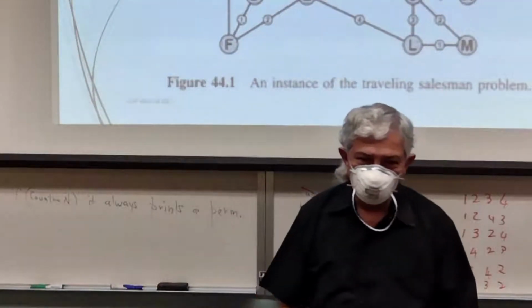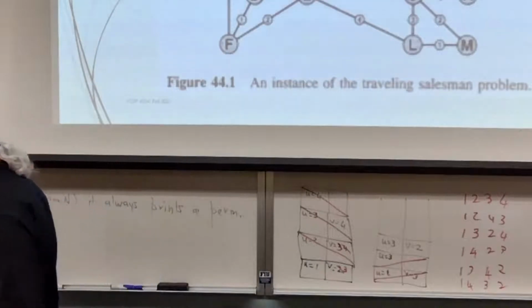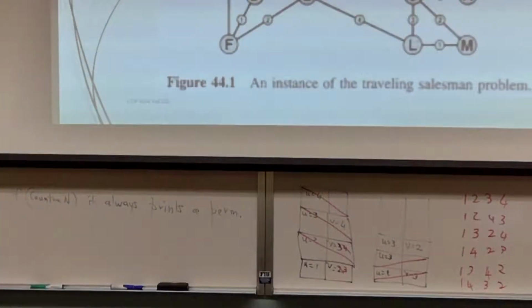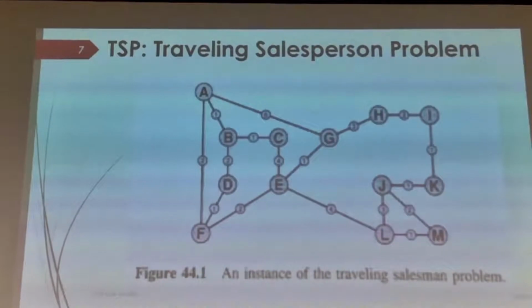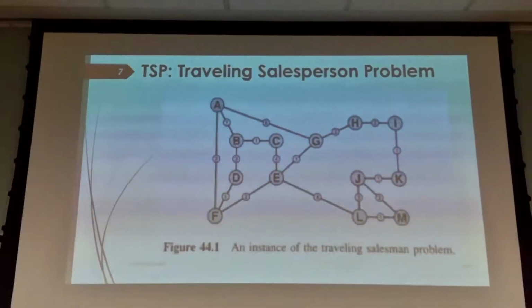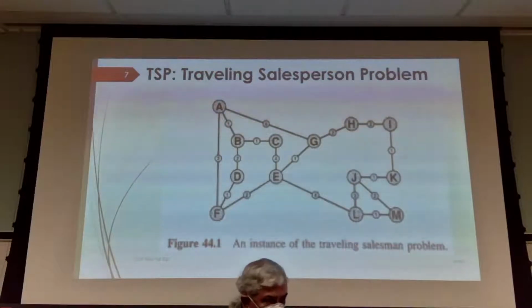Okay. And your job, for now a simpler job, is to list out all possible tours where going from one city to the next city is a valid edge. So you can't have F followed by L because there's no edge between them.